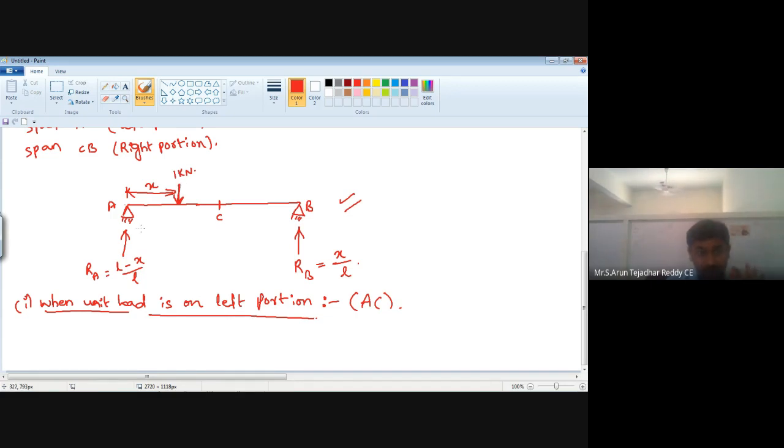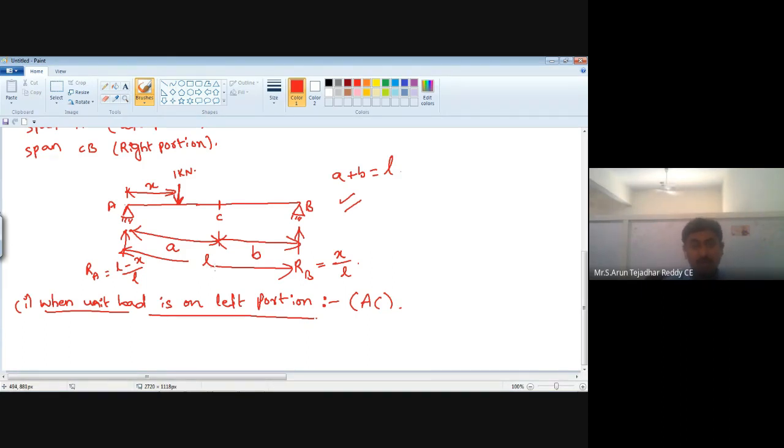Here A to C is the span I am considering, and C to B is the other span, but the whole span is L, that is A plus B is equal to L. This is my whole span.